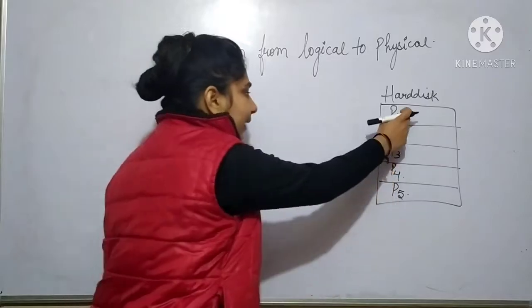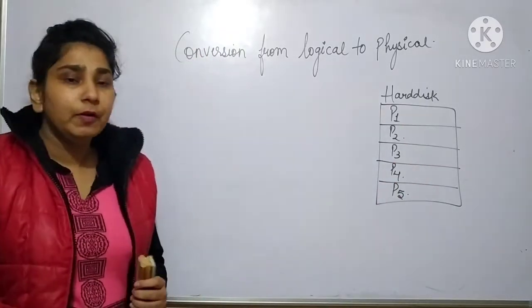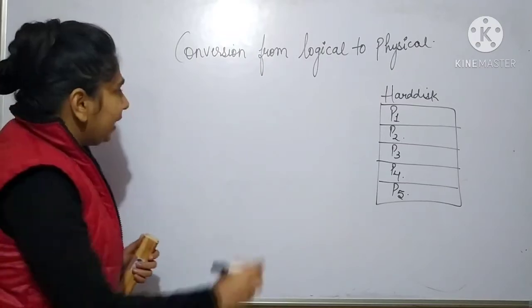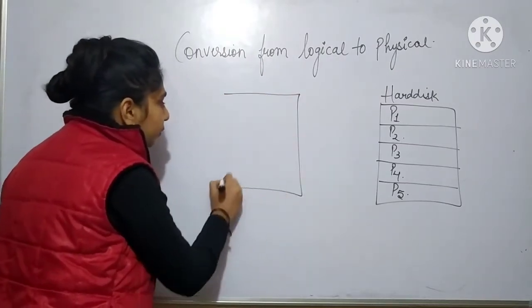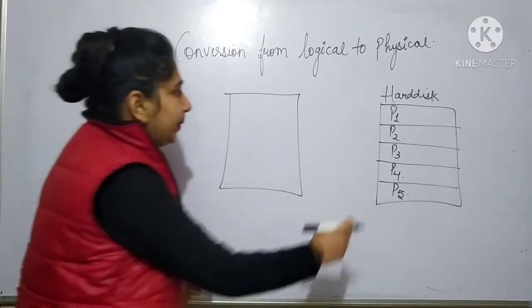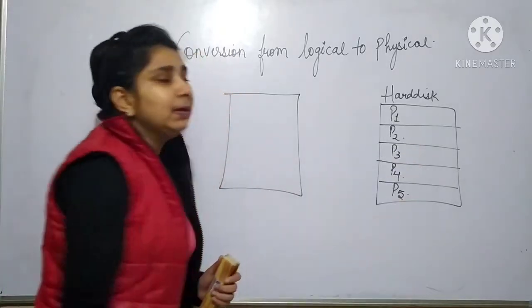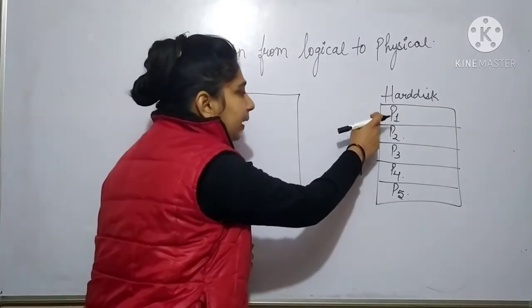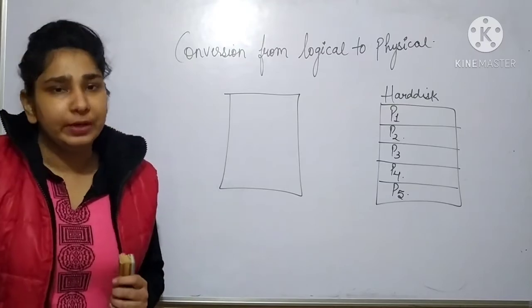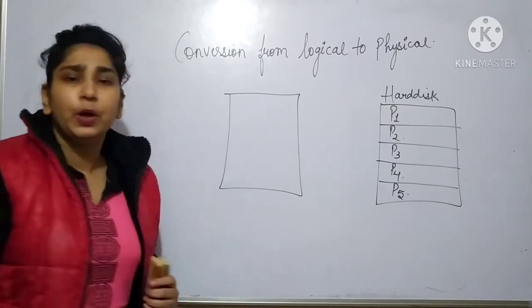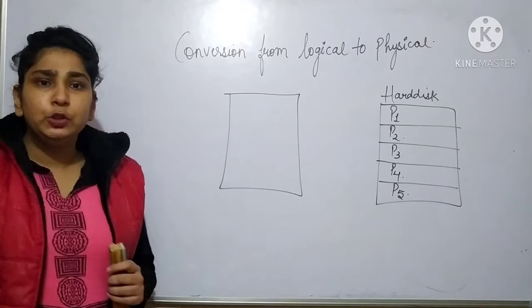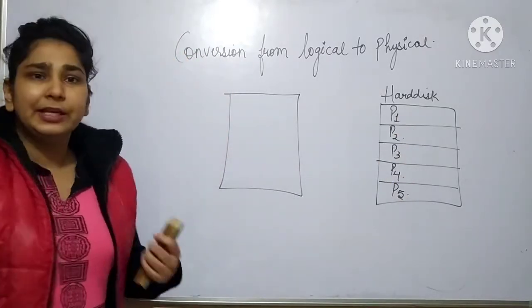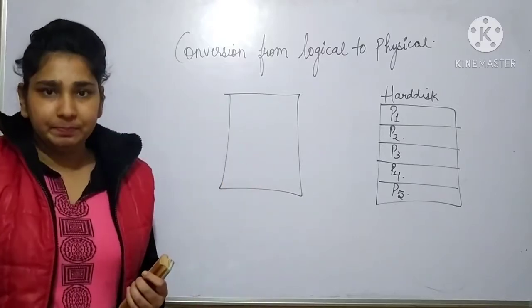So in hard disk we have 5 processes. I want to execute process P1, P2 and P3. So what I am going to do? I am going to load these 3 processes from hard disk into the main memory.